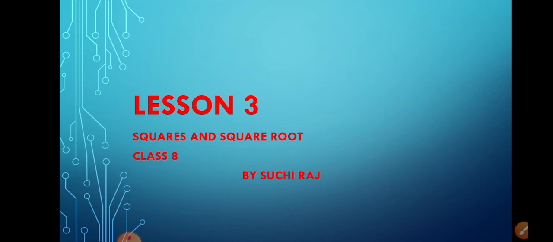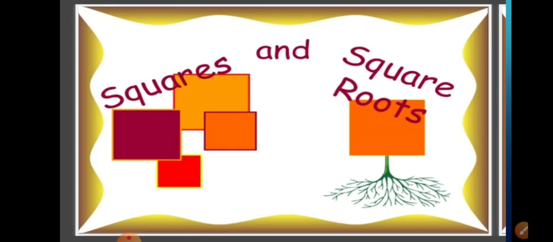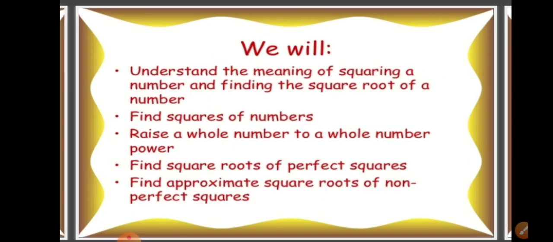Today we will start a new topic, lesson 3, squares and square roots. In this chapter we will understand the meaning of squaring a number and finding the square root of a number.